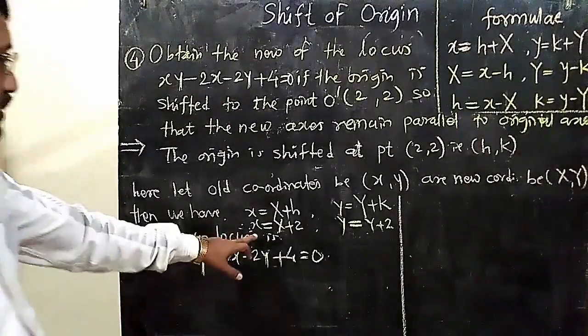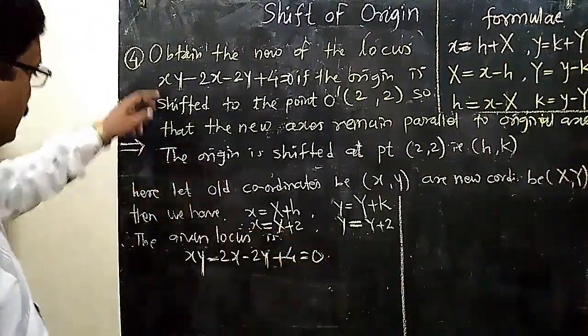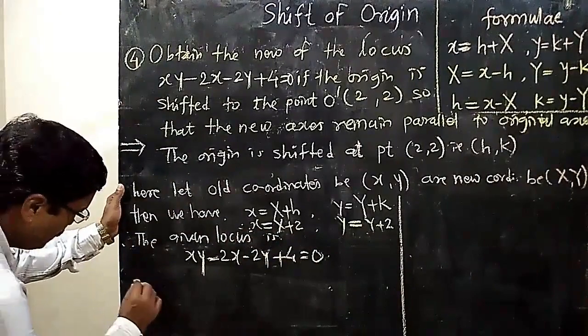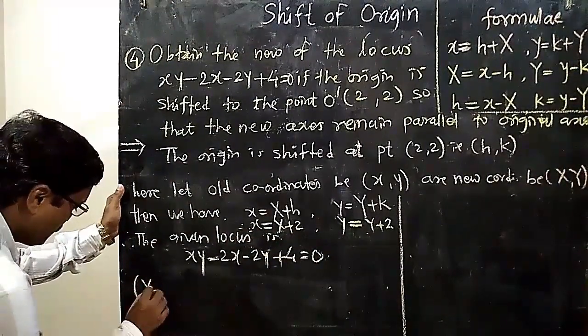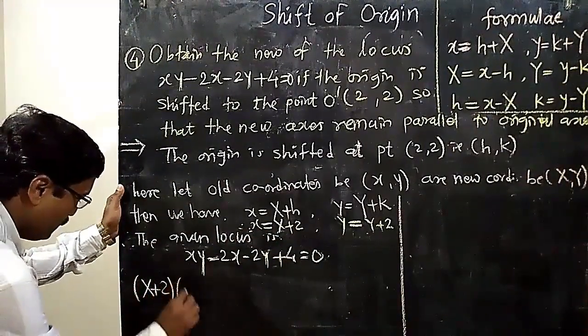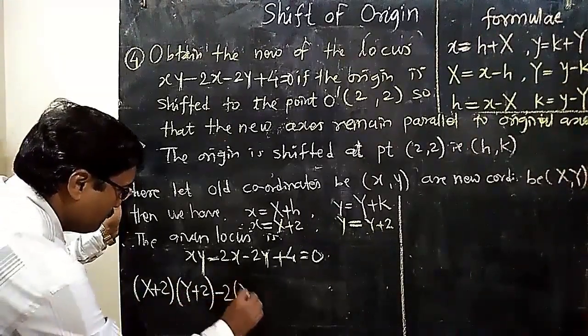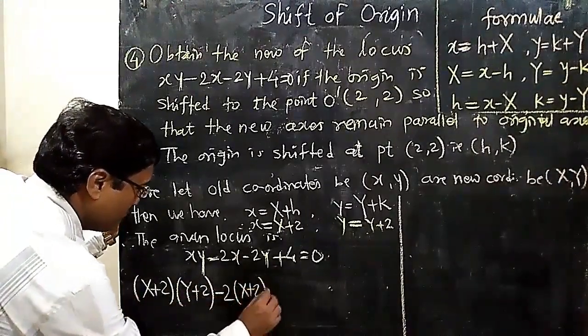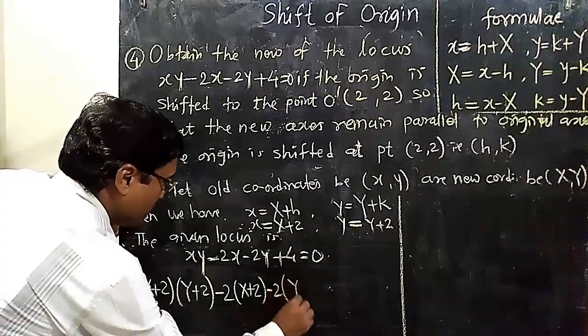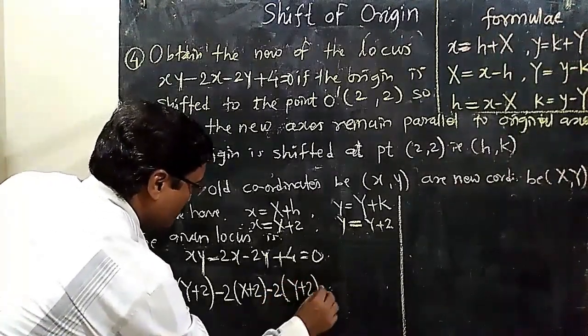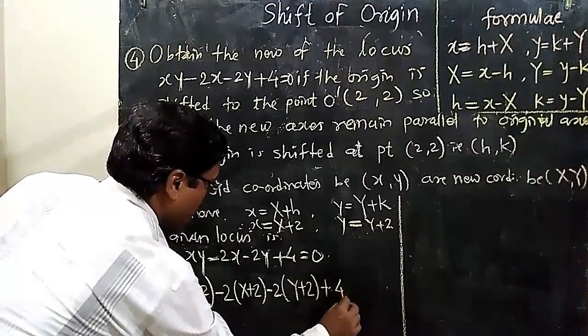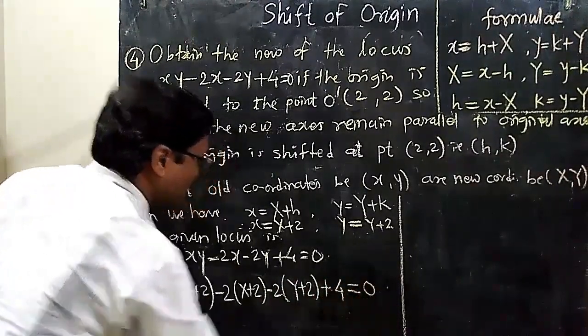Put the values of small x and small y from these two equations in the given equation of locus. We get (x + 2)(y + 2) - 2(x + 2) - 2(y + 2) + 4 = 0.